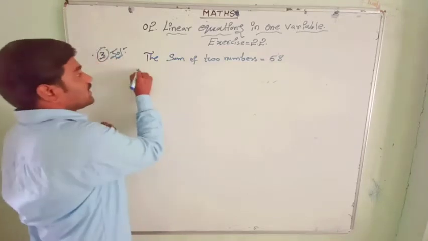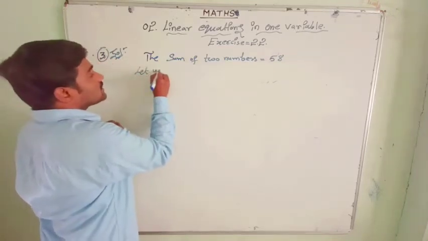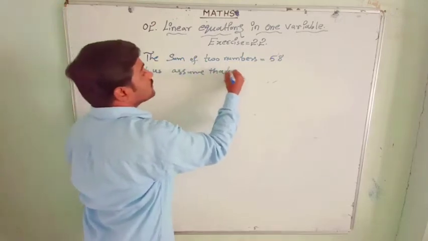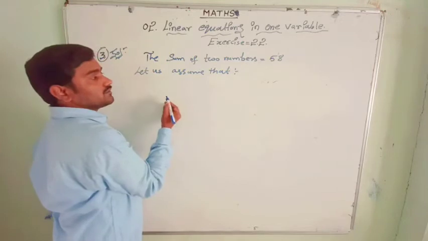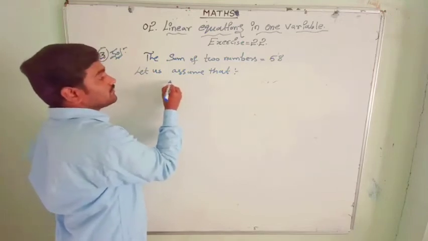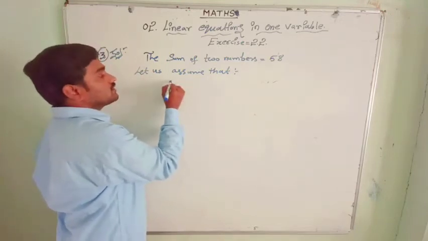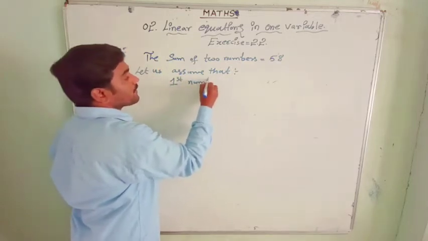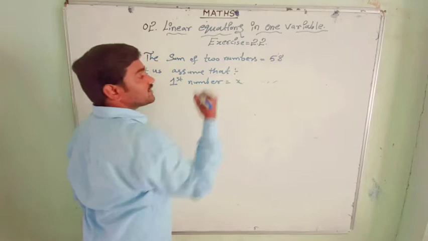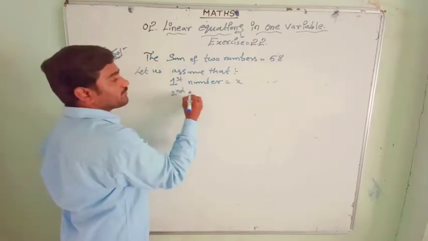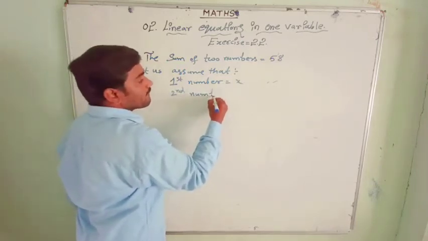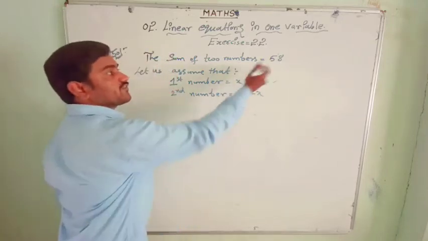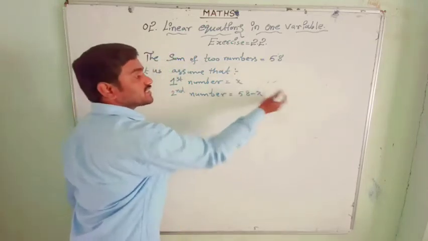Let us assume the first number, or a bigger number or whatever, the first number equals x. Then the second number is 58 minus x. From 58, if you subtract the first number, you will get the second number.